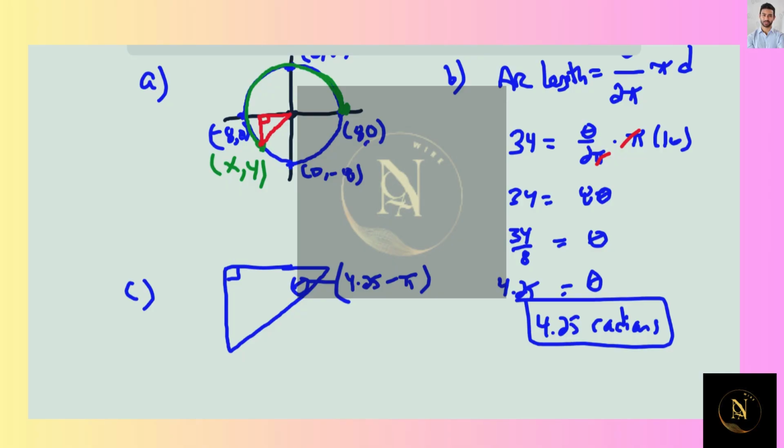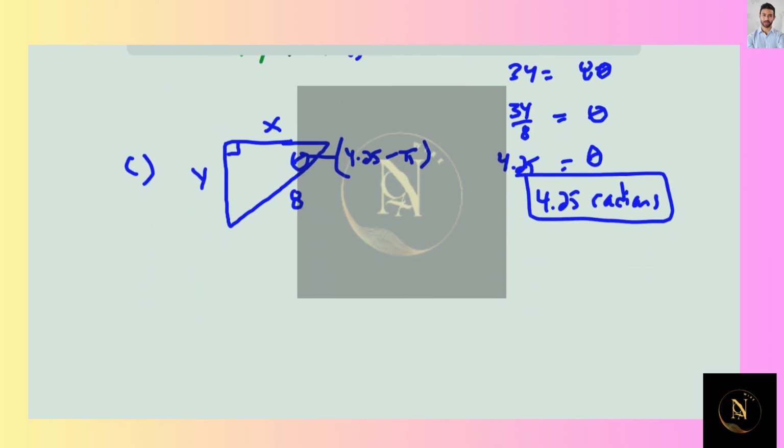And then this would be our y value and x value. We would also know that this would be 8 because that would be a radius of the circle.